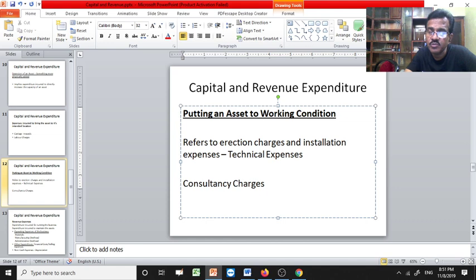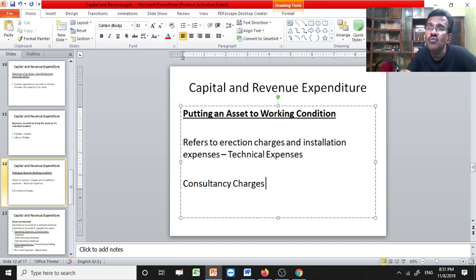There can be specialist consultants who know about the machine and how to put it in. You have to fix the wires properly, fix the jacks properly, the plugging has to be done correctly, and the positive and negative power connections have to be done properly.